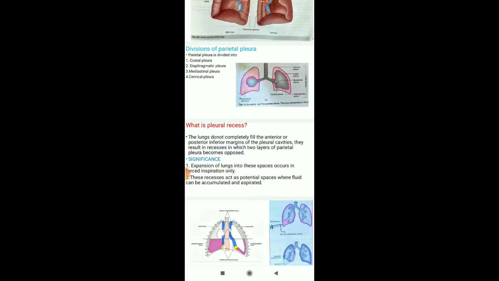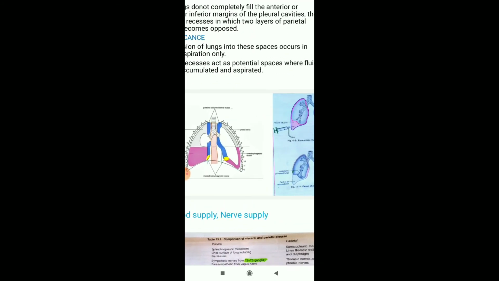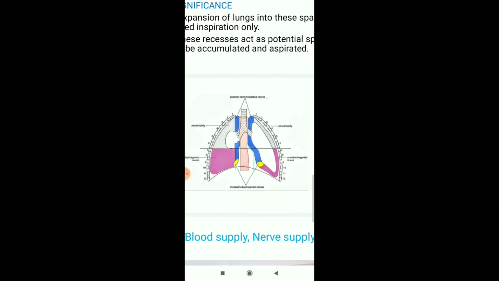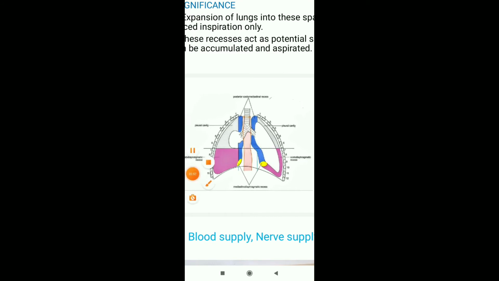These pleural recesses, depending on their location, have been mainly divided into two parts. Let us have a look at this diagram. You see here that these pleural recesses have been divided into costodiaphragmatic recess and costomediastinal recess.